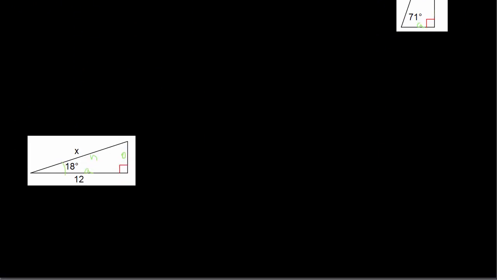So for this one, we'll be using cosine. The cosine of 18 degrees is equal to the adjacent, 12, over the hypotenuse, h. We cross multiply, I get h cosine 18 degrees equals 12, and divide, you get the hypotenuse is equal to 12 divided by cosine 18. Again, you just put that in your calculator, it'll give you a value.